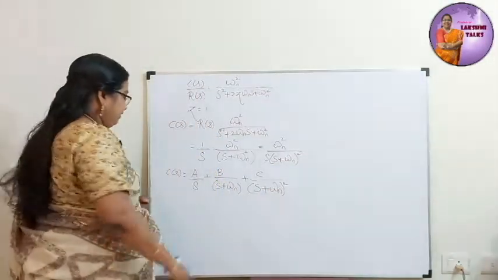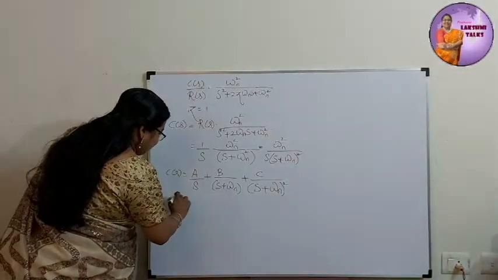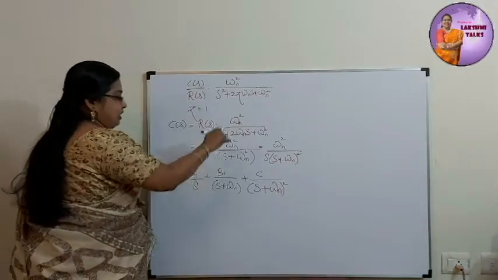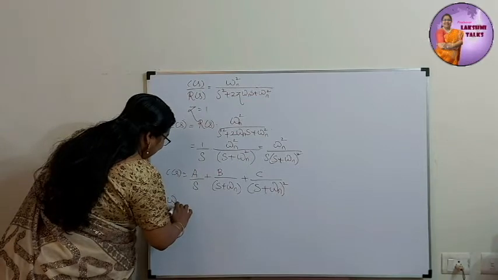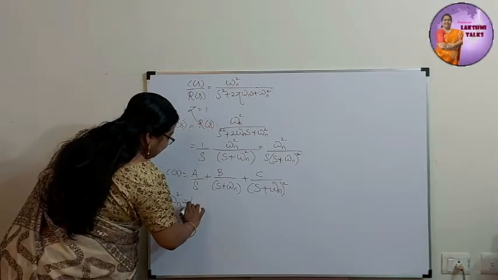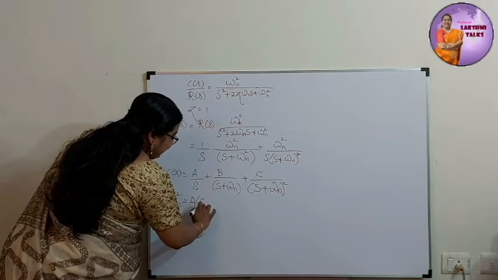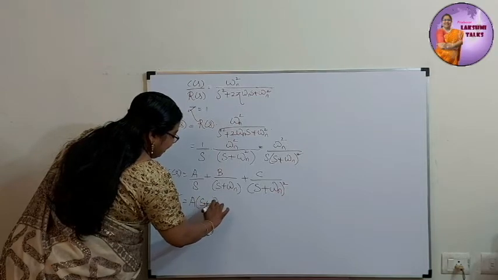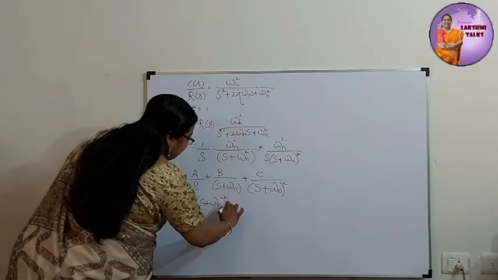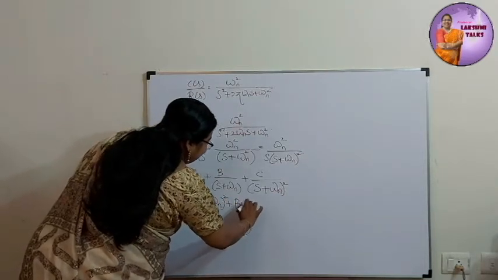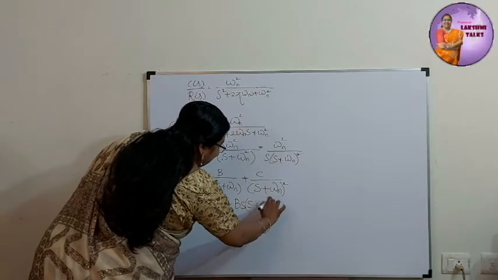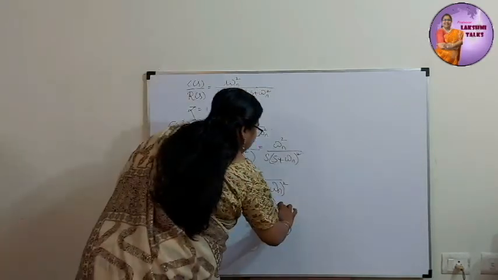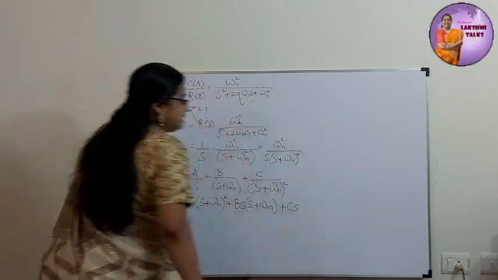So what will happen? When we cross multiply, omega n square will be nothing but a into s plus omega n the whole square plus b s into s plus omega n plus c s.